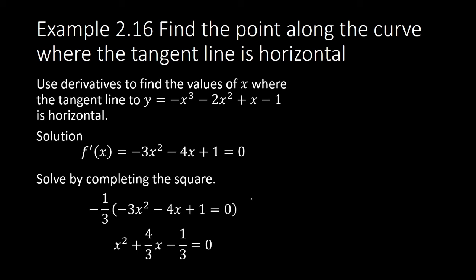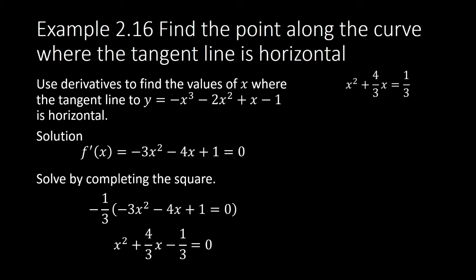So -4 times -1/3 is positive 4/3. -1/3 times 1 is -1/3. And then, of course, -1/3 times 0 is just 0. Okay, so transposition, x squared plus 4/3 times x is equal to 1/3.